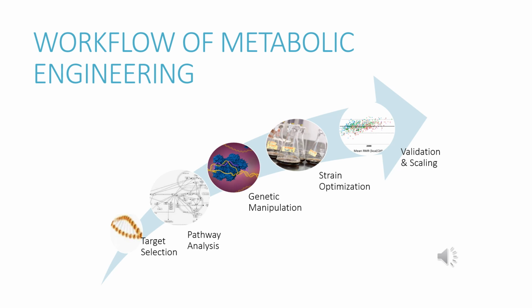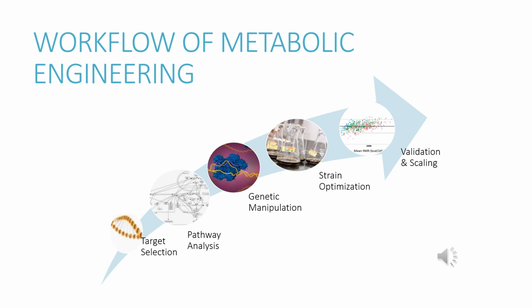As we can see, the present slide represents the workflow of metabolic engineering, which directly refers to the steps involved in this process. The first step is target selection. It defines the compound or product of interest that can be any biofuel, any drug, or any pharmaceutical. It also identifies the metabolic pathways involved in its synthesis. The next step is pathway analysis.